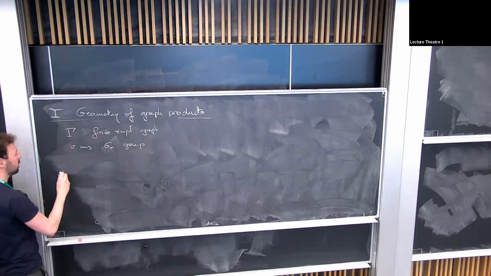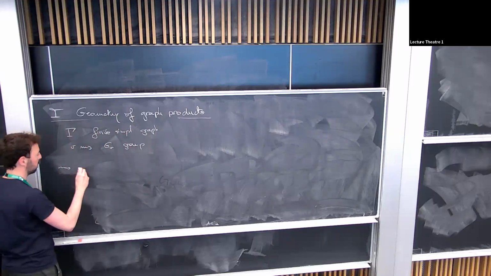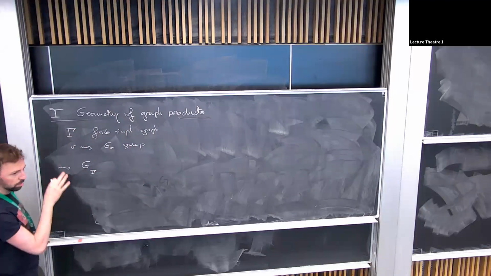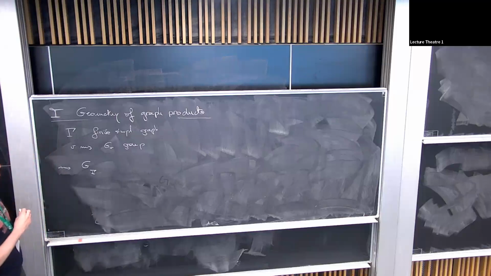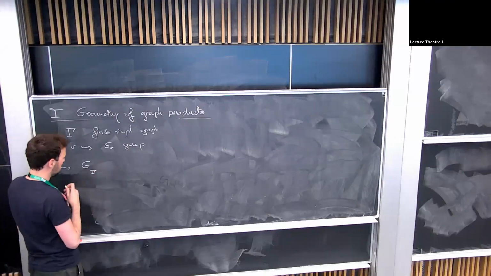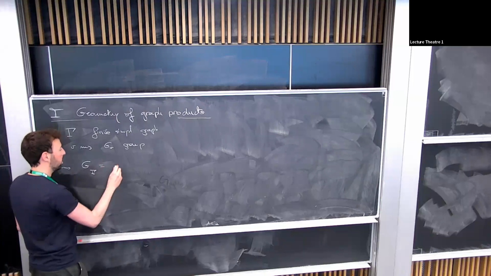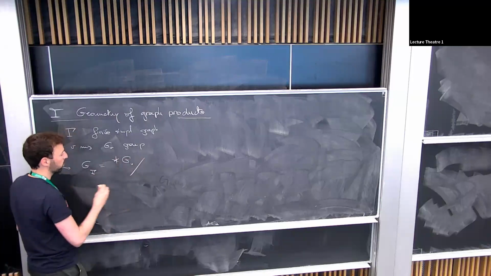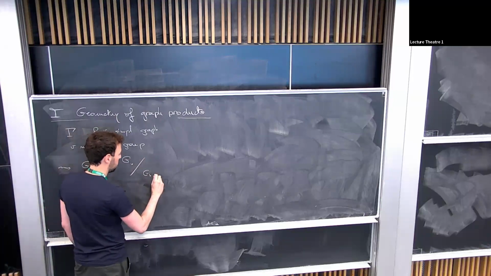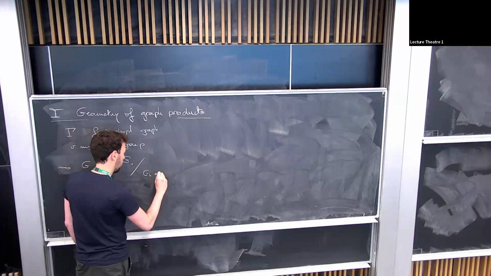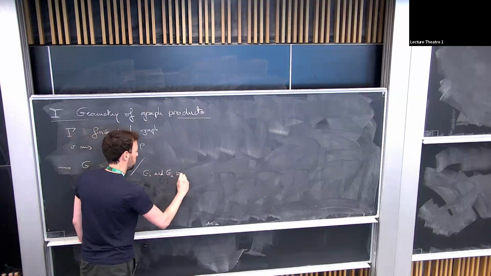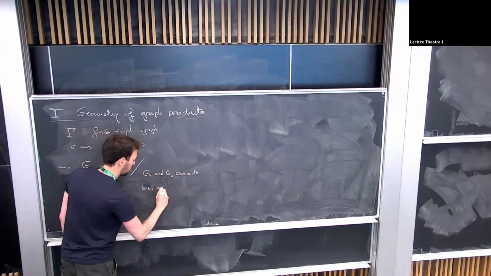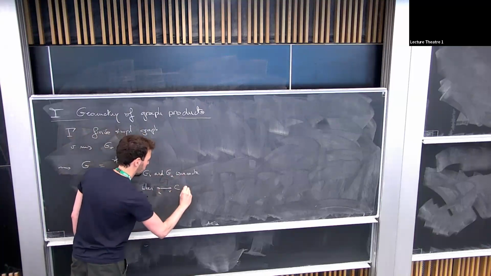To this data we can associate the graph product that I'm going to denote G_gamma, to keep in line with the notation for Coxeter groups and Artin groups I'm going to mention in a bit, which is obtained from the free product of all the G_V's by adding the relations that G_V and G_U commute when the edge between U and V is contained in gamma.